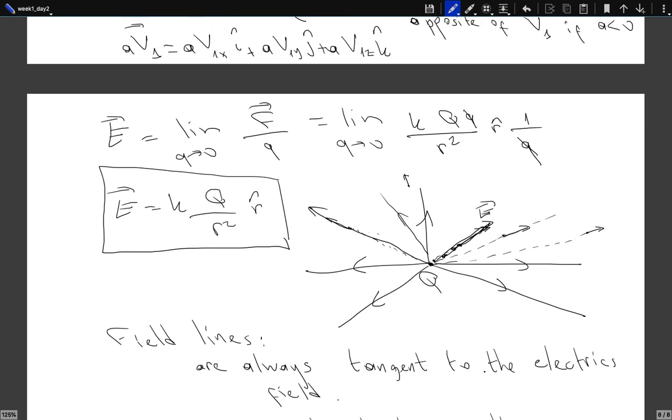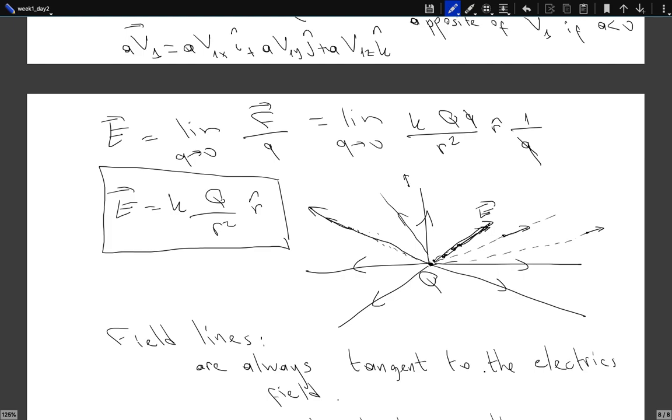You first fix the number of electric field lines you have. Once you fix it, you see that at this point the density is much higher than the density of field lines over here. That means the direction of the electric field you already know from the tangent to the field line, and the magnitude is proportional to the density.